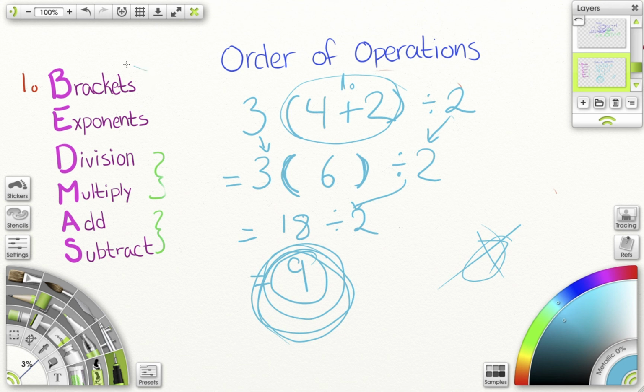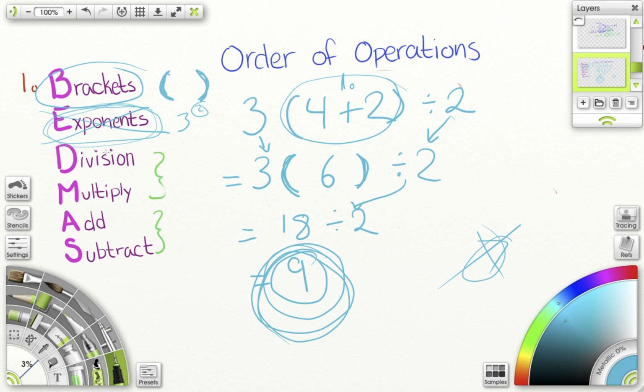So brackets are first. Whatever you see in brackets is your first step. Exponents, we will probably not be doing right now, but that would be your second step. We just won't really be looking at it. That's when you have a number that has a little number beside it, but we're not going to focus on exponents right now.